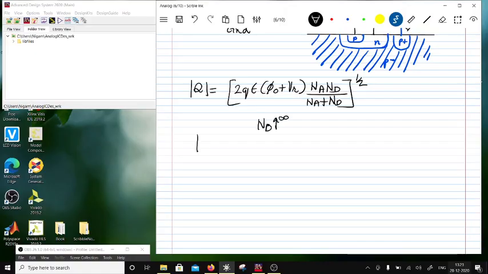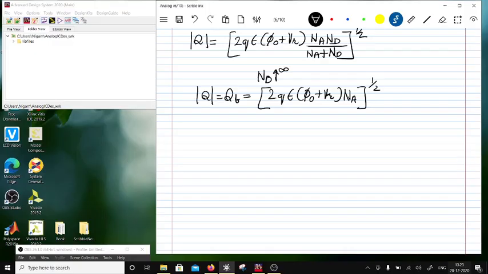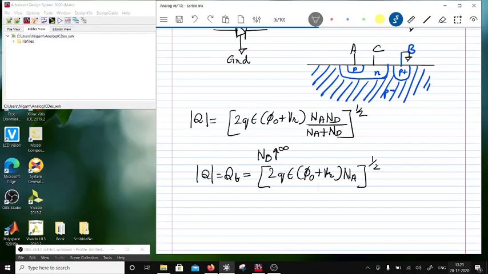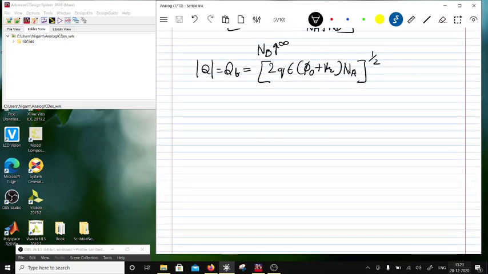In that case, this Q, which I would address as QB, is equal to the square root of twice q epsilon times (phi0 plus VR) times NA, if you take ND in the denominator. So this is the charge in case one of the sides is a metal, or the N-type is basically a metal. The same situation happens in the case of a MOSFET also. So we will next talk about a MOSFET. Let's look at the structure of an N-channel MOSFET.